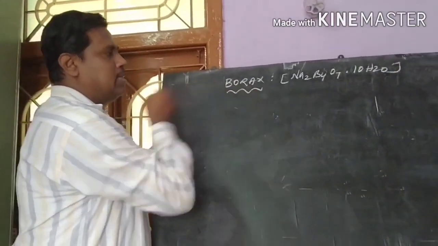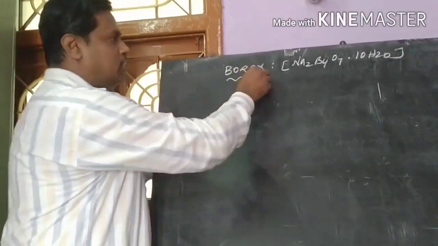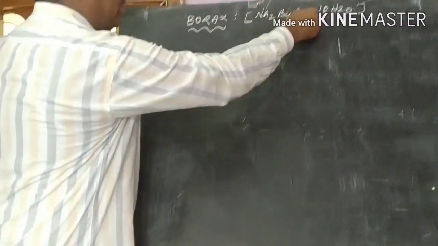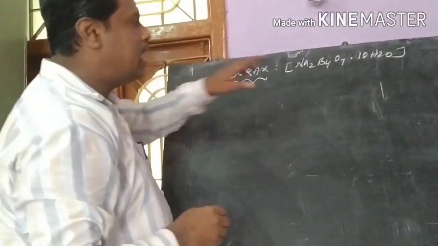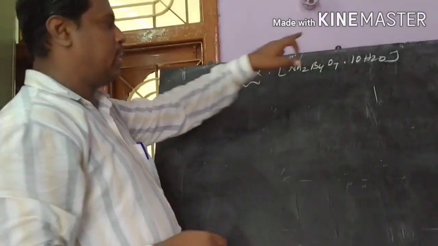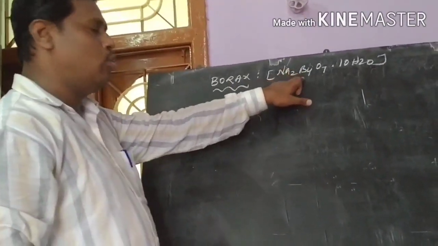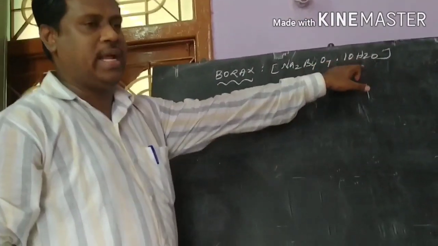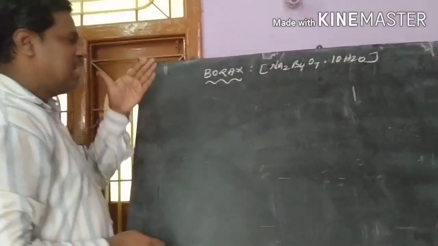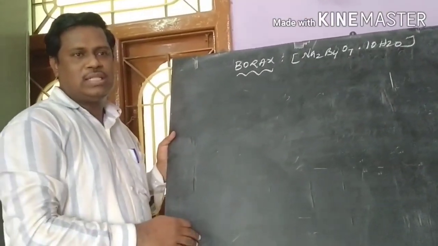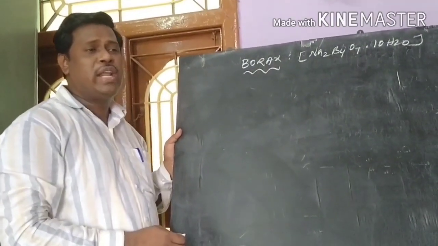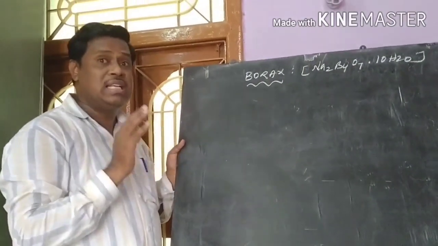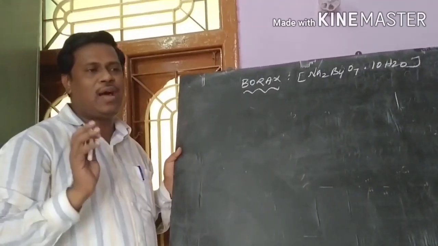The next topic is borax. Borax formula Na2B4O7.10H2O. In this, 10H2O is crystalline water. The first one, preparation of borax. Borax is a sodium salt of tetraboric acid.